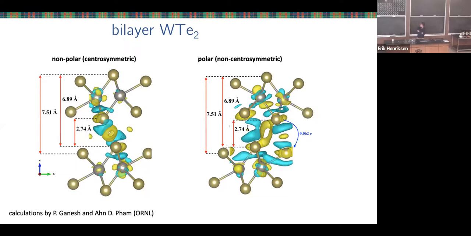So it's a good question. In the transport experiments that were done, they could study this up to room temperature, and they still see switching at room temperature. As for the carrier density dependence, as I mentioned, they don't have a direct measurement of the out of plane polarization as a function of density.